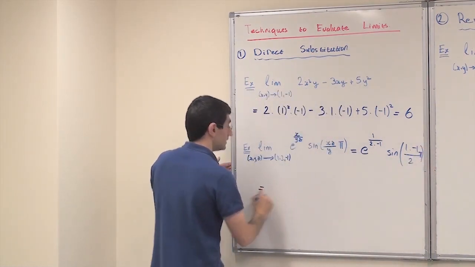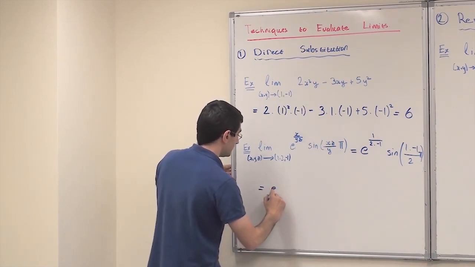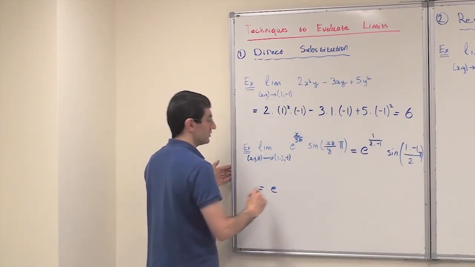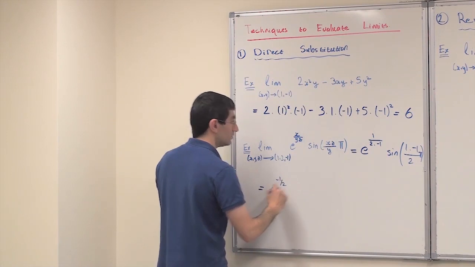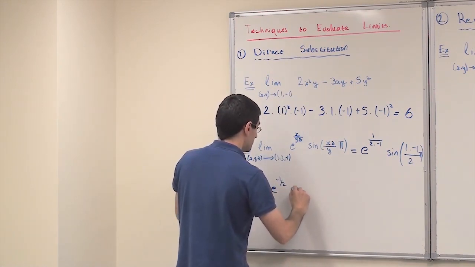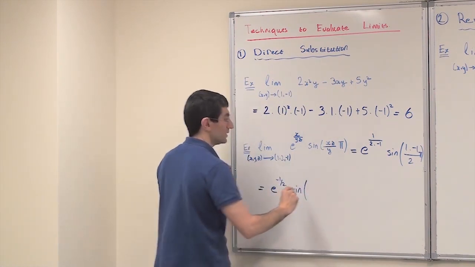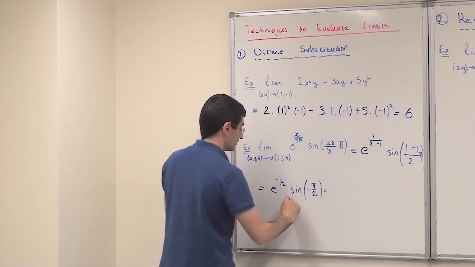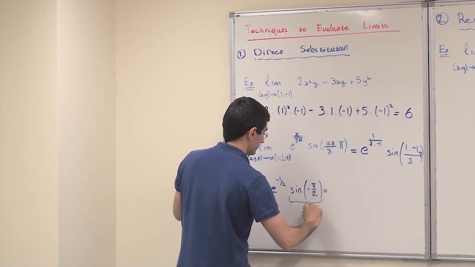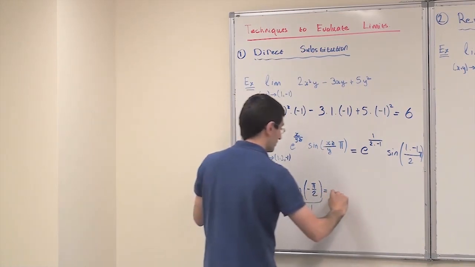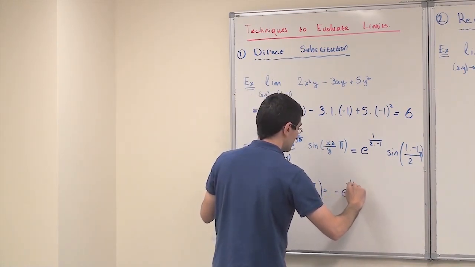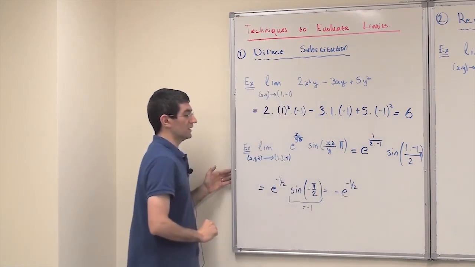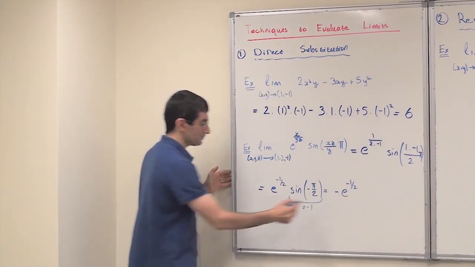If we simplify this, the power of e is going to be -1 over 2, and we are going to have sine of -pi over 2. So this part here is simply -1. So our limit is -e to the power -1 over 2.